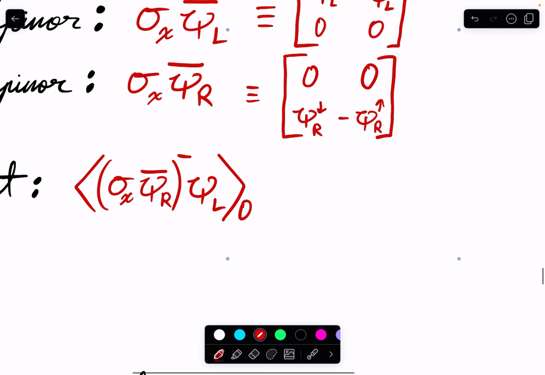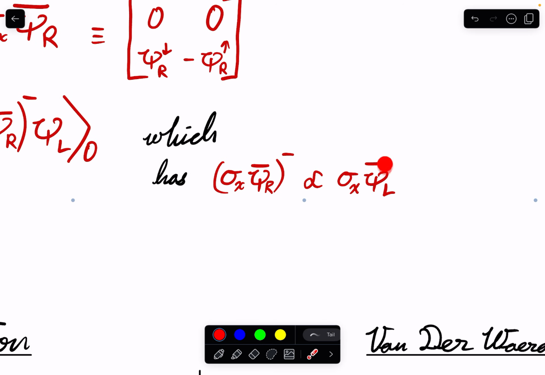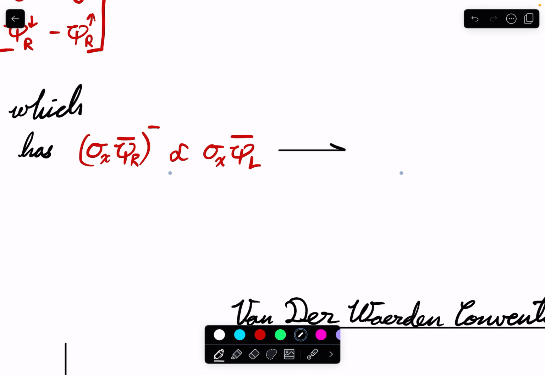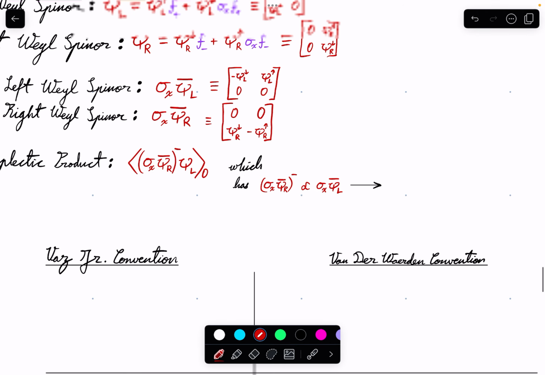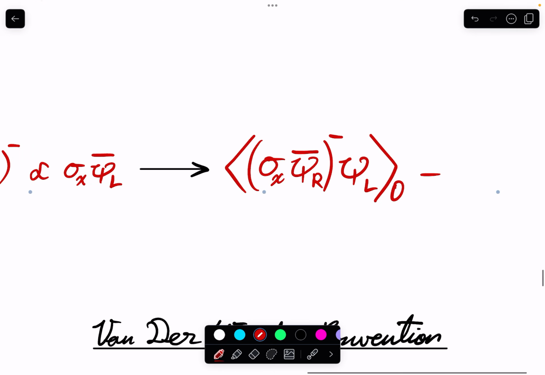This has the condition that if sigma x, if this right here is proportional to the dual left spinner, then this thing right here is equal to 0.